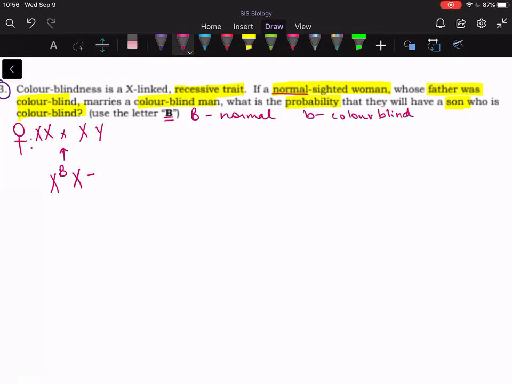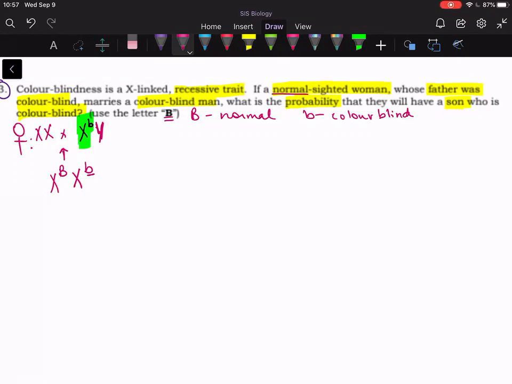So it says, if a normal sighted woman whose father was colorblind. So we know that this is her father because he has the Y chromosome. If the father is colorblind, what that means is that the only X chromosome that he can donate is one that has the colorblind gene, lowercase b.